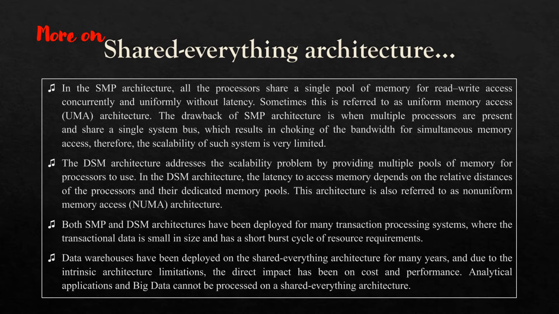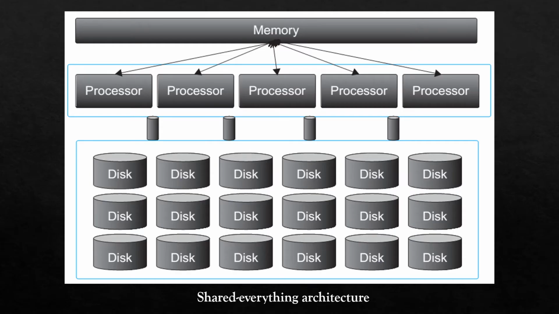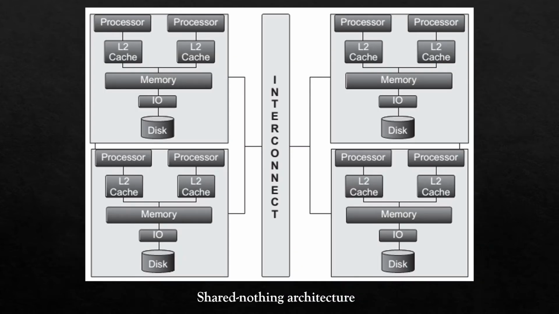Okay, next slide I'm going to show you the figure of the shared everything architecture. As you can see in the figure, everything is being shared, starting from memory, processor, and the storage. Okay, while this one is a shared nothing architecture, it is interconnected within the layer, but the nodes, see there are different nodes here, each stand on their own.